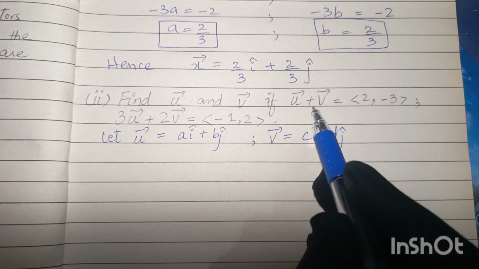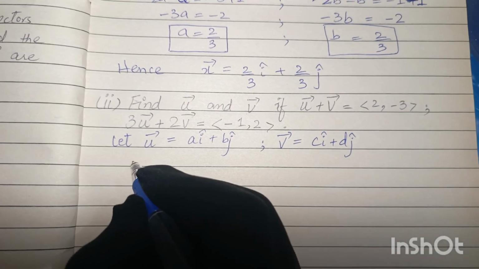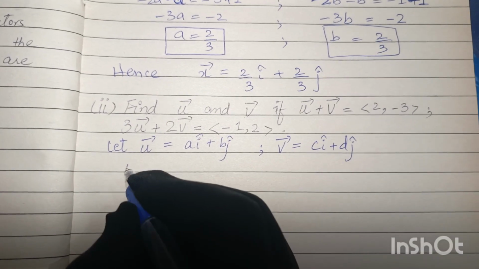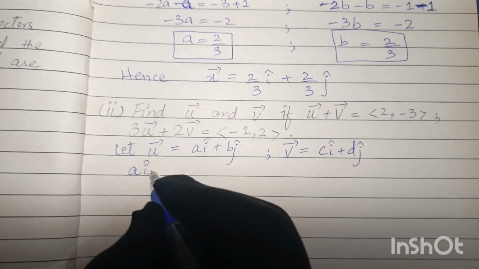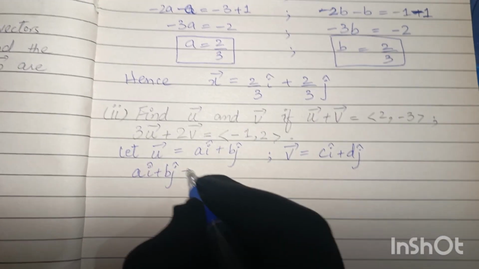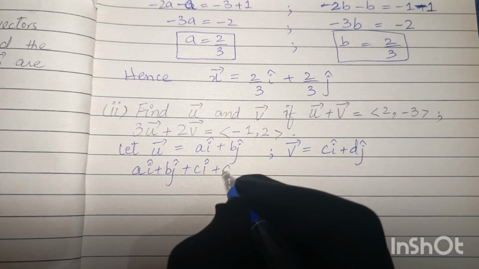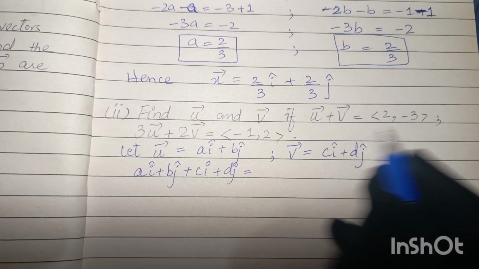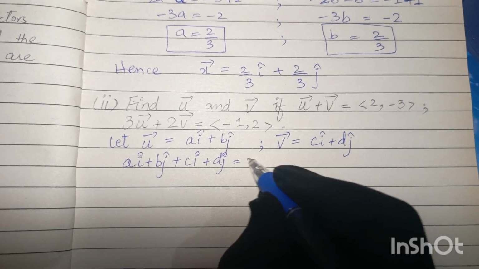Then by putting values in this equation, u plus v means ai plus bj plus ci plus dj is equal to 2i minus 3j.